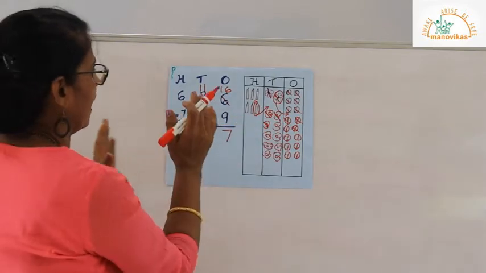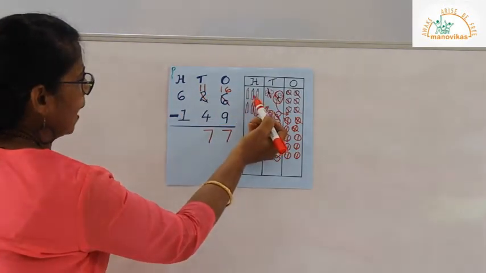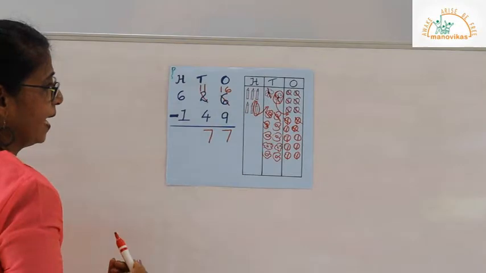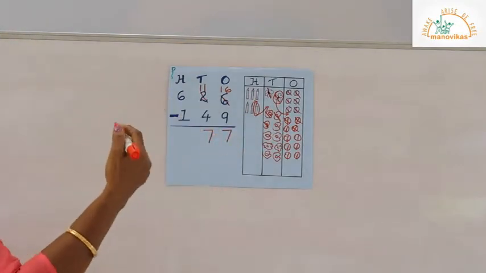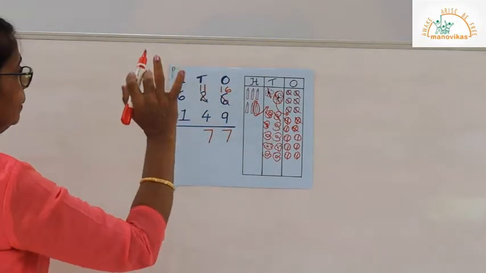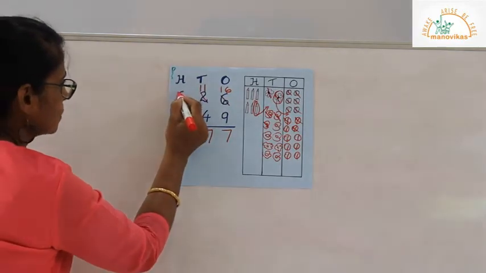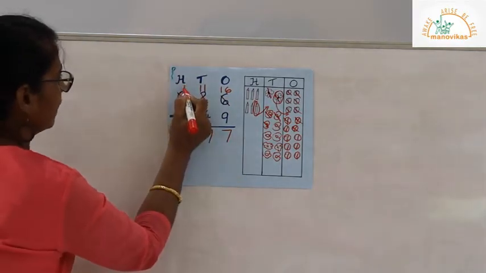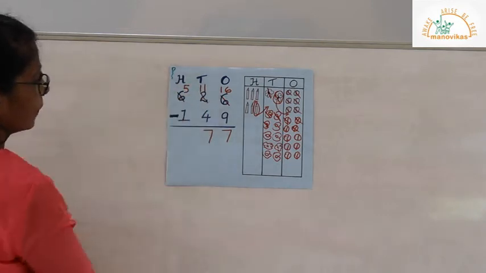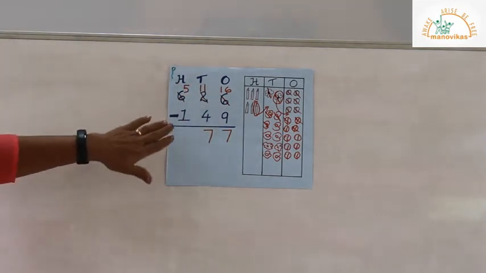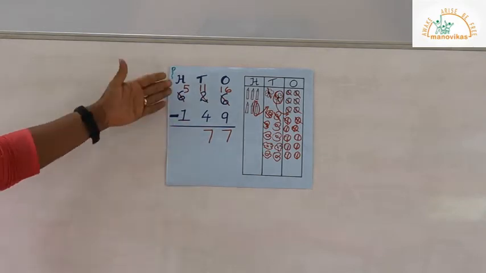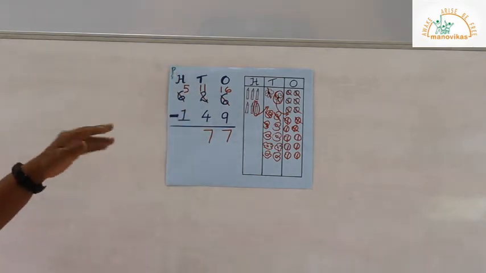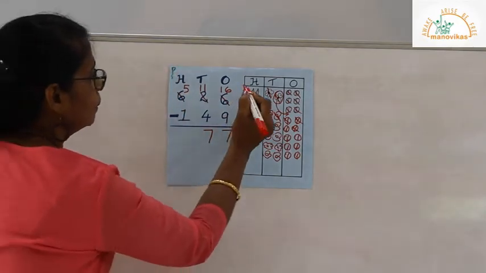In the hundreds place, we have 5 because we've already given tens to the tens place. So when we take away 1, we get 5. Now 5 is a bigger number than 1, and it's simple. We just take away 1 from 5 and we get 4.